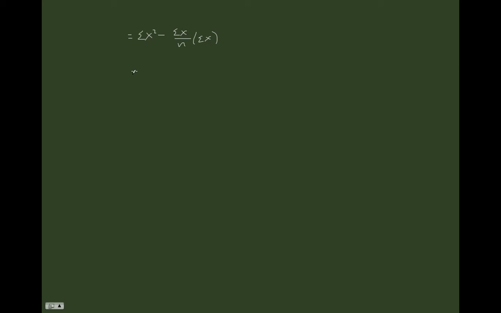Now, this is equal to sum of the x squareds minus sum of the x's quantity squared over n. And now if I get a common denominator, which is n, I have n sum of the x squareds over n minus sum of the x's quantity squared over n.